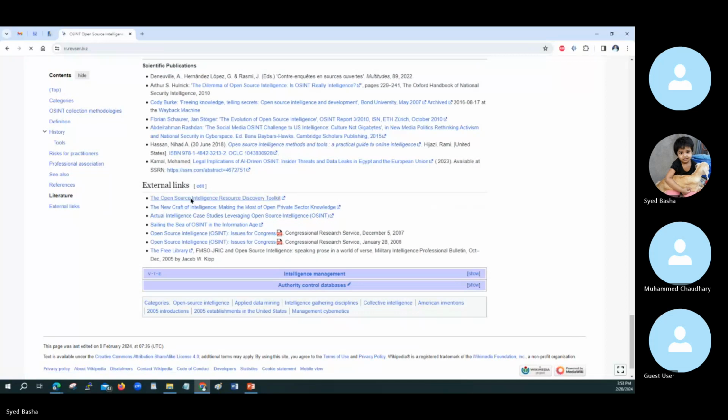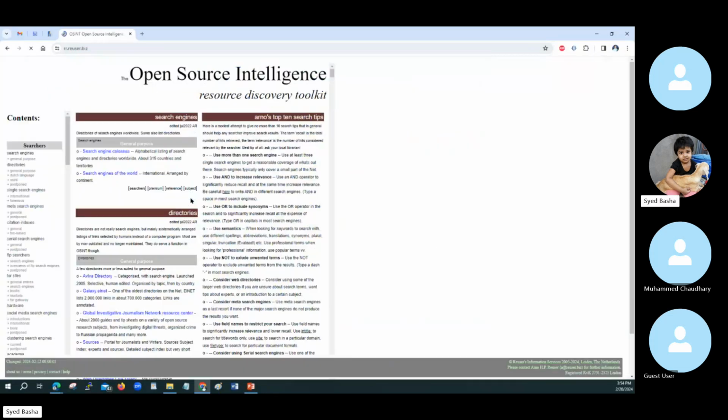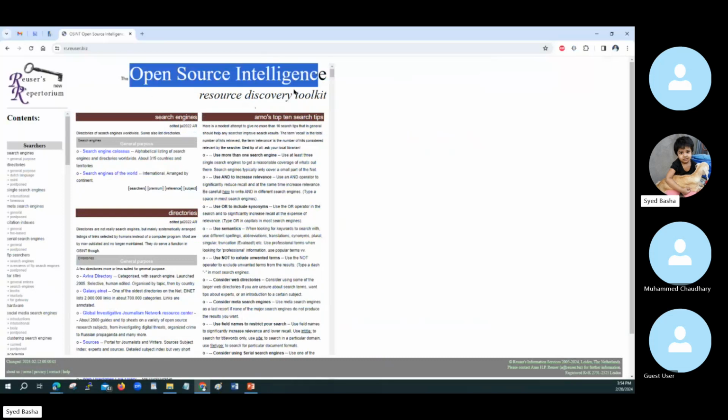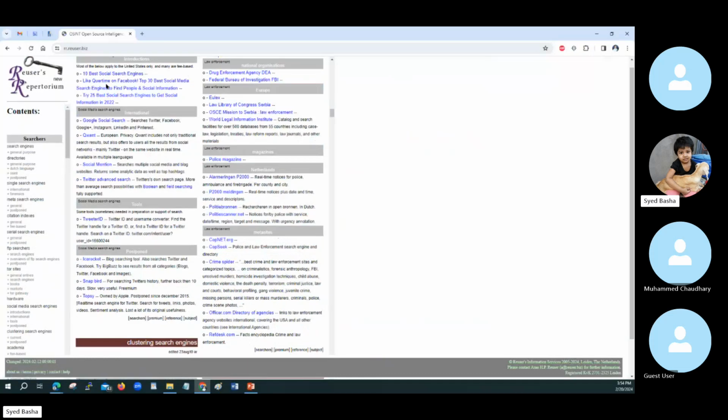Let me open this link. Open source. Yeah, here it is. See this. What do you get? This open source intelligence resource discovery toolkit. Whatever you want, like FTP search, top sites, general entity, social media search engine, you can search here.